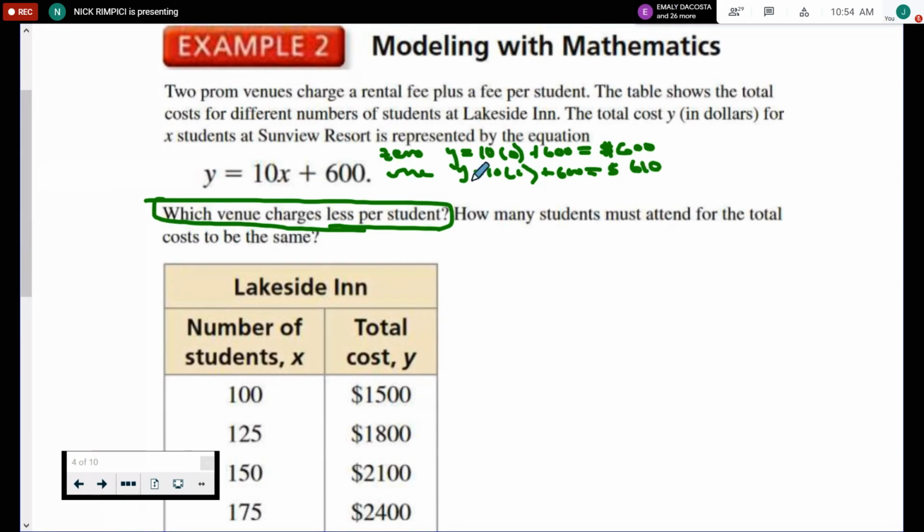Let me just go to two students. Since it went up $10, I believe each student's going to cost $10, but let's be sure. If two students show up, that means x is 2. So y equals 10 times 2 plus 600. 10 times 2 is 20, plus 600 is 620.